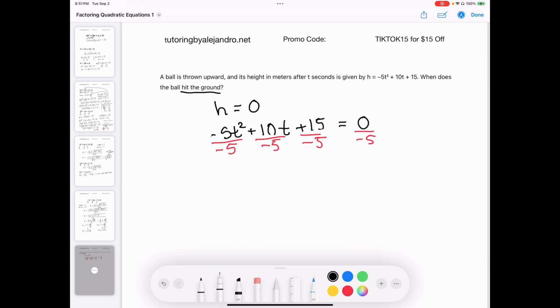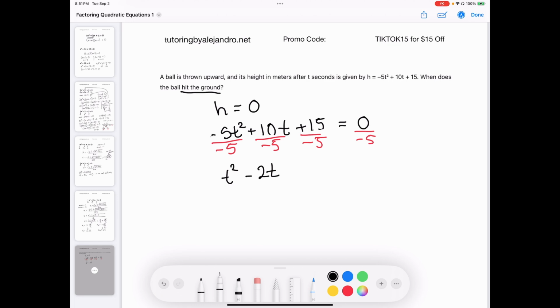For the first term, the negative 5's cancel out, so that gives us t squared. Now we have positive 10t divided by negative 5. So we divide the coefficients, 10 divided by negative 5. A positive divided by a negative will give us a negative, and then 10 divided by 5 is just 2. So that's negative 2 times t.